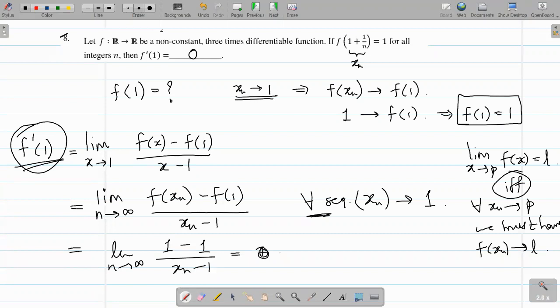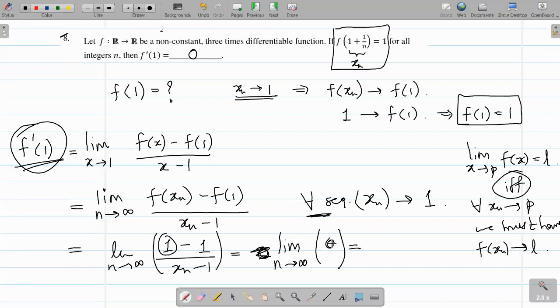So I will do one more step. We can write it as limit n tends to infinity of 0 upon something, but that is 0 only. Before I apply the limit, I am writing it because my numerator has become 0 beforehand. Till this step I have not applied the limit. I wrote this 1 because of this information.